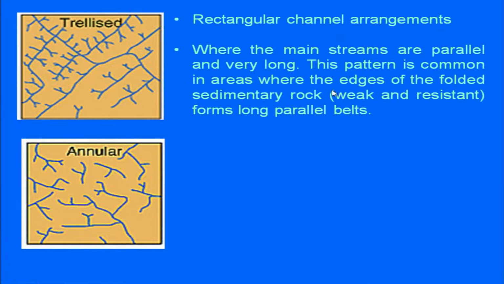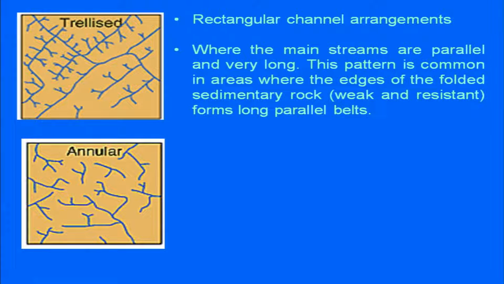Then trellis drainage is again a rectangular drainage arrangement, where you will see the main stream is this one, whereas the tributaries mostly join at almost right angle to the main stream. They are formed in the region where the main streams are parallel and very long.